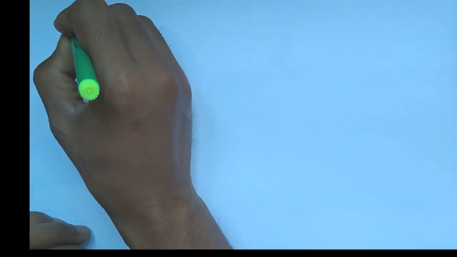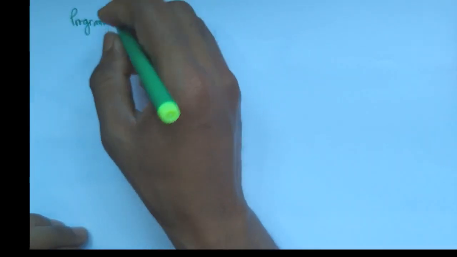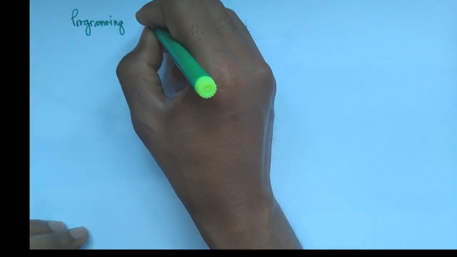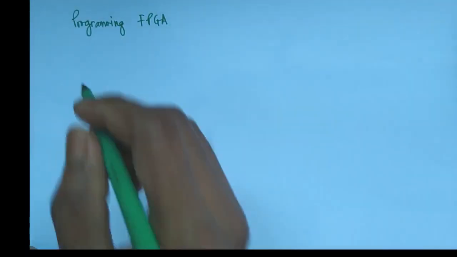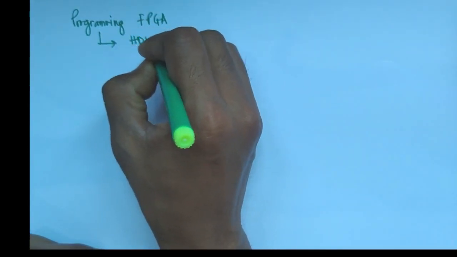The next part of the lecture is how we program an FPGA. An FPGA is programmed by using HDL.